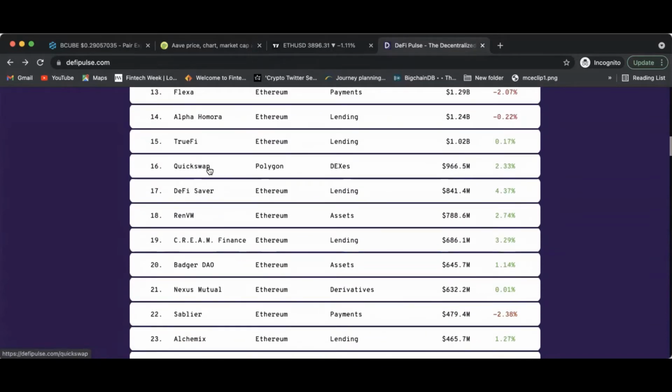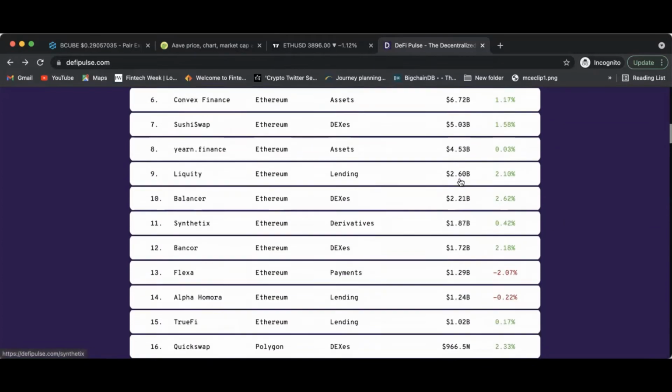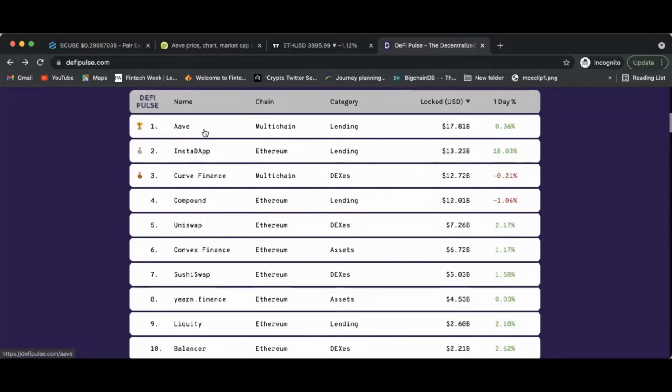You are seeing QuickSwap here also. QuickSwap is having almost $1 billion of total value locked. But one thing if you observe, Aave is multi-chain, and they're on Polygon also. And InstaDApp is Ethereum. Curve is also multi-chain because they are also on Polygon.